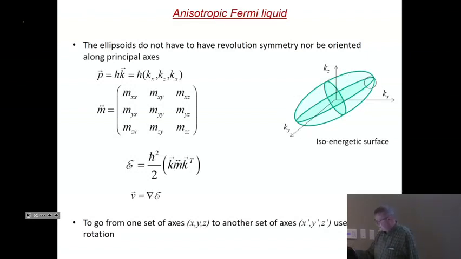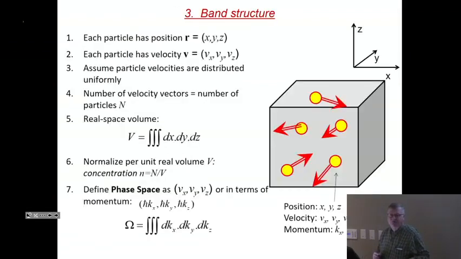And your Fermi surfaces look something like this. They have these ellipsoids which are not necessarily aligned with the principal crystallographic axes of the system. The ellipsoids have their own principal axes, and you can get them into a crystallographic system by just making a matrix rotation. That's something you have seen in algebra, and we won't go into detail.